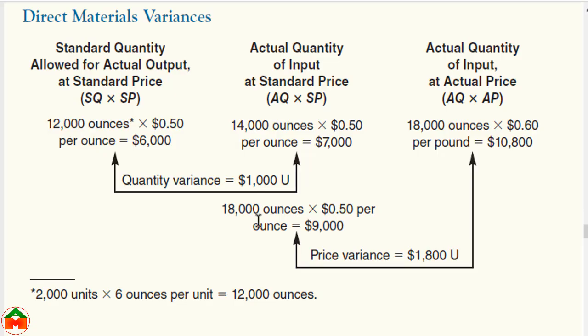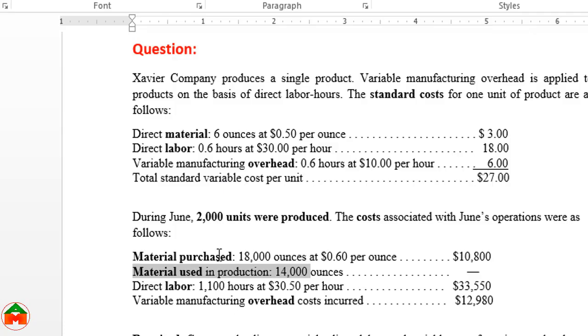So again, whenever we are calculating the quantity variance of material, we have to use the actual material used, so 14,000 is the used amount. But whenever we are calculating the price variance, we have to use the purchased amount, which here is 18,000.